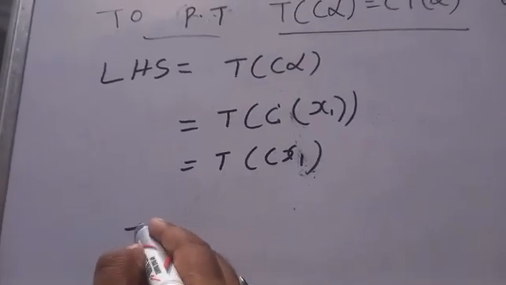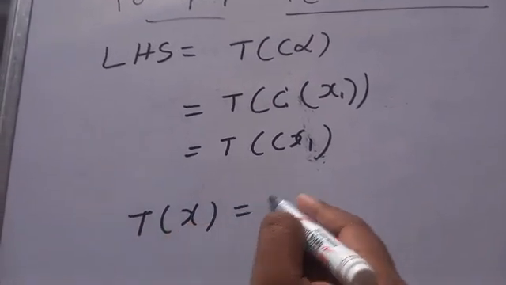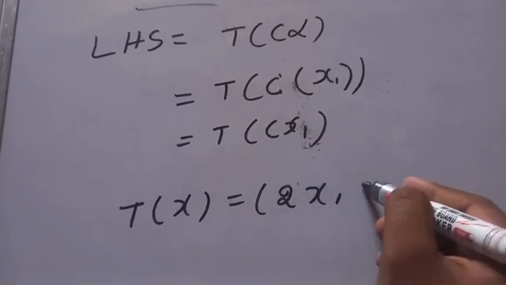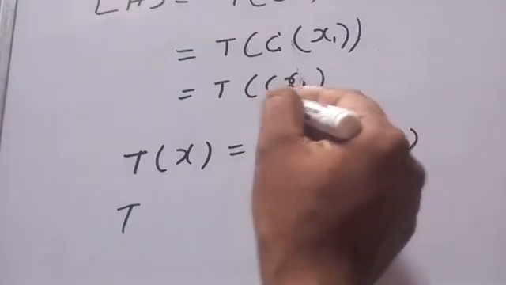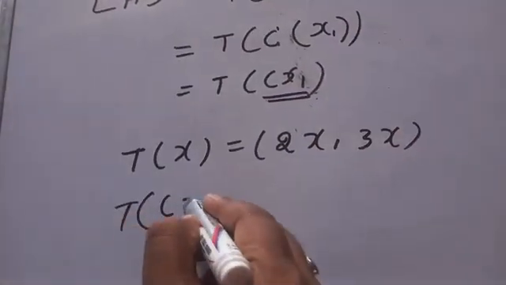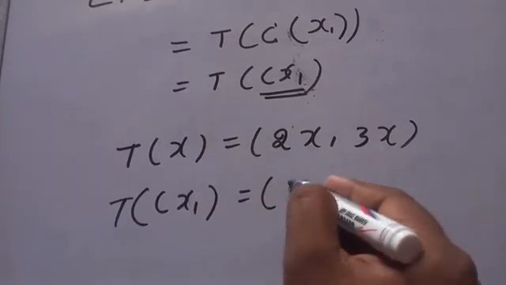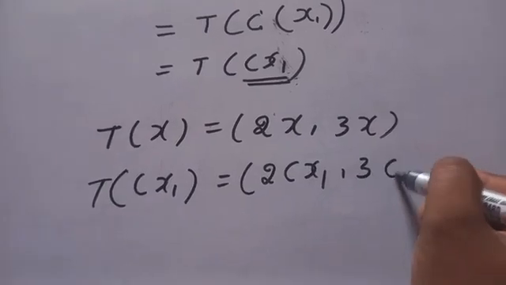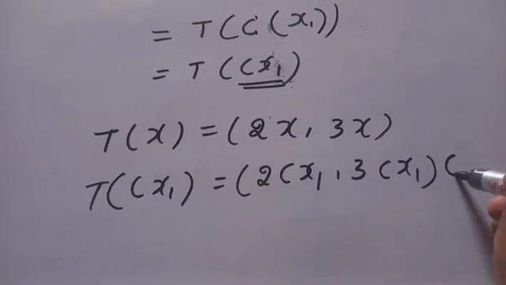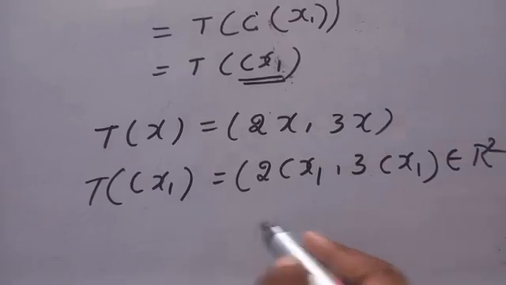Given T of x equals (2x, 3x), what is x? So x equals c x1. So 2 times c x1 comma 3 times c x1, which belongs to R square.